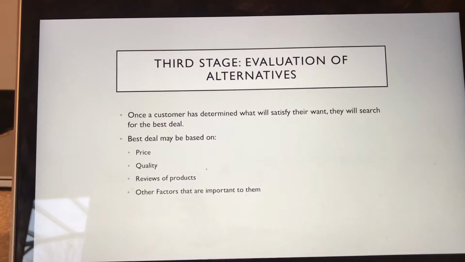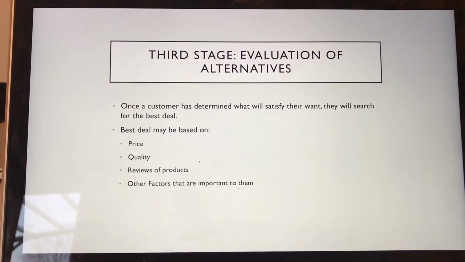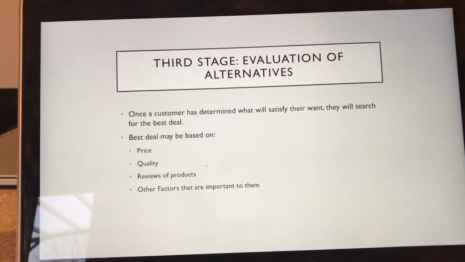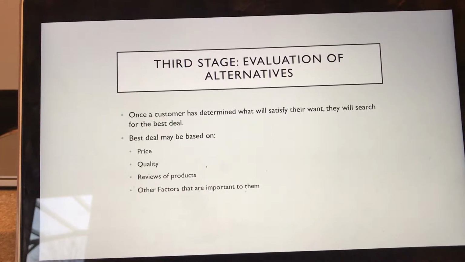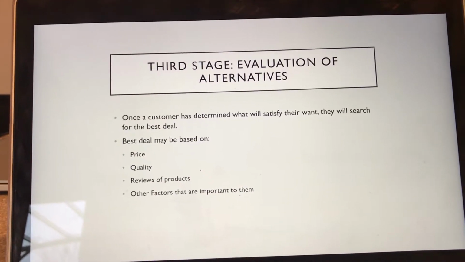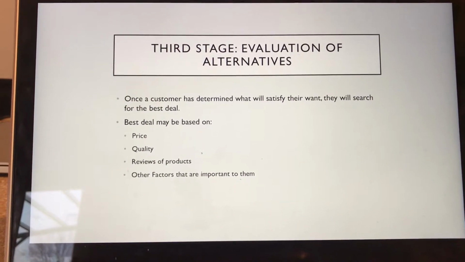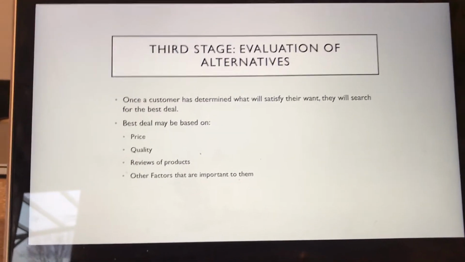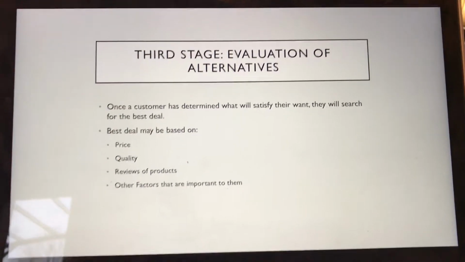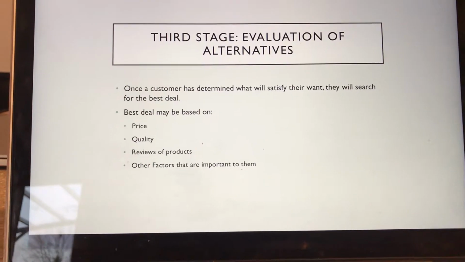The third stage, this is the evaluation of alternatives. Once the customer has determined what will satisfy their want, they will search for the best deal. The best deal is going to be based on price, quality, review of products, and other factors that are important to them. So you're going to go back from stage 2 to 3 several times, because you're going to be looking at different options.